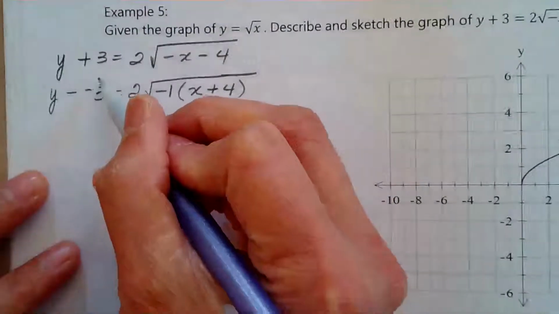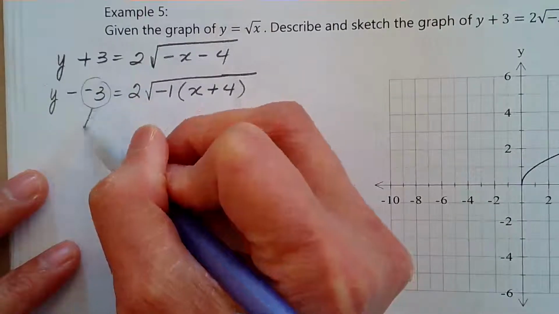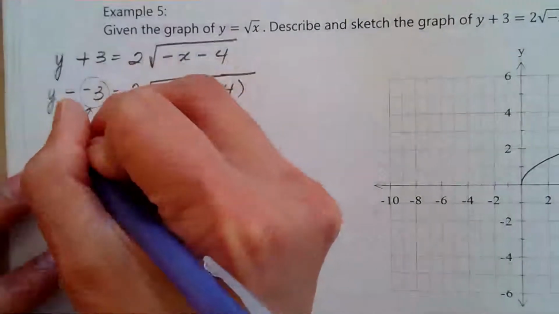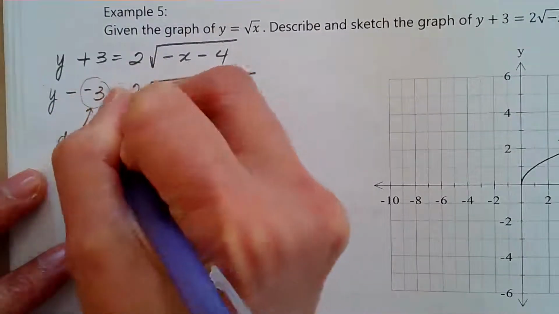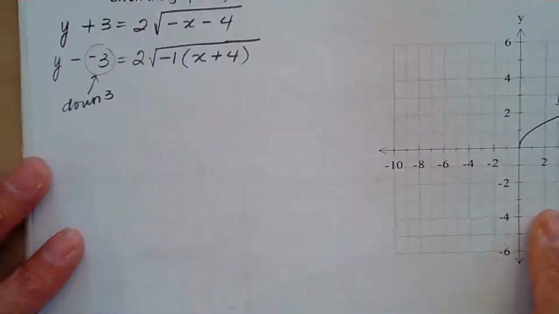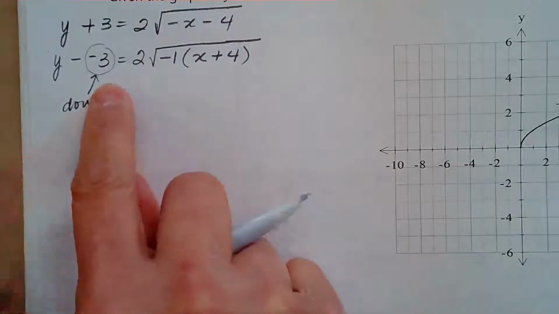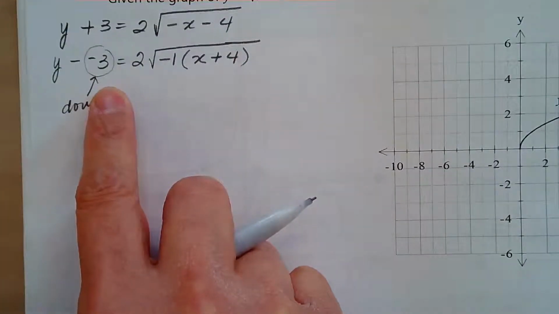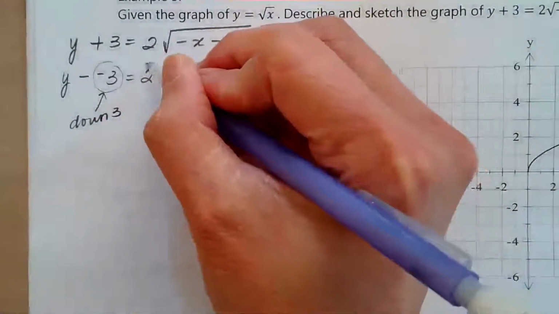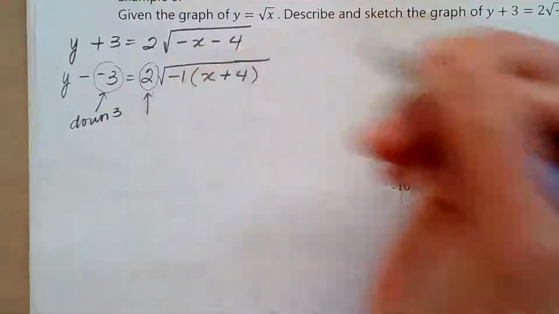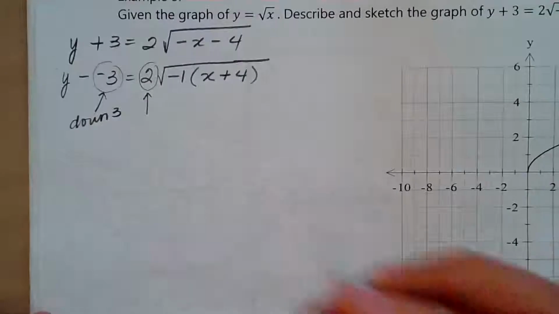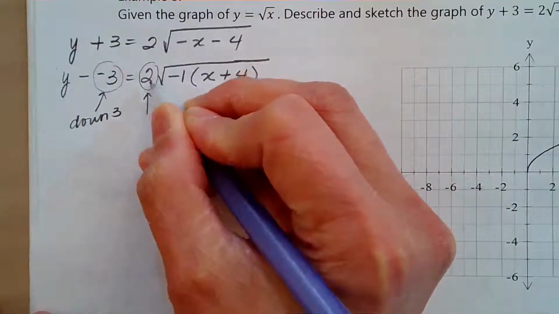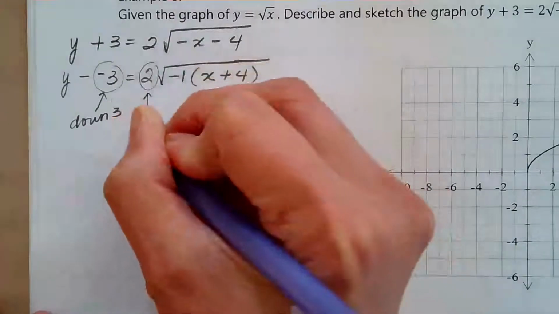Let's start with this negative 3. What does this mean? Down 3. So that means the k value is negative 3. What does this mean? It's on the outside. This is the a value. A is 2.